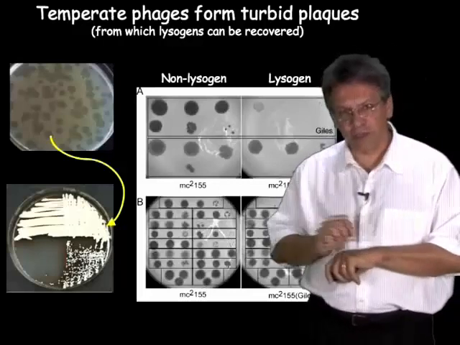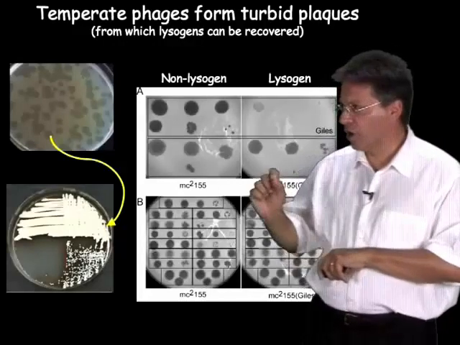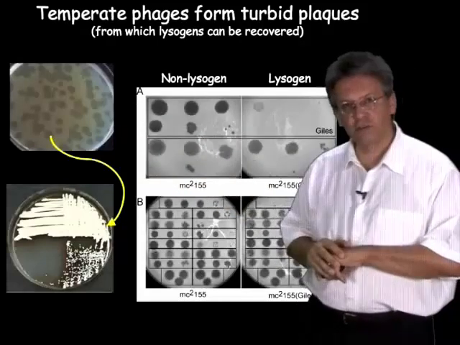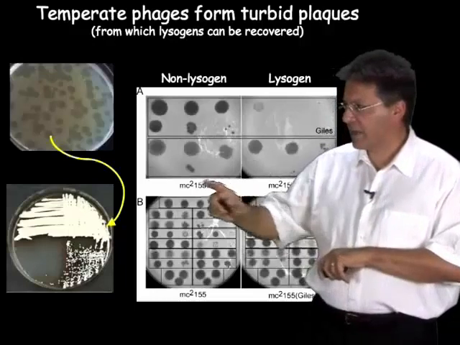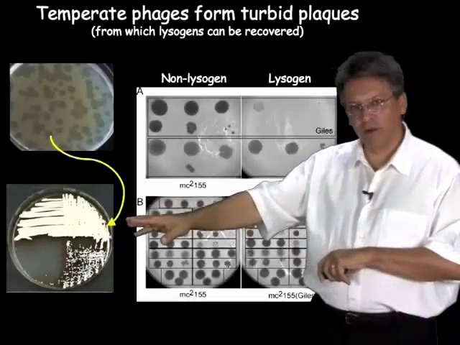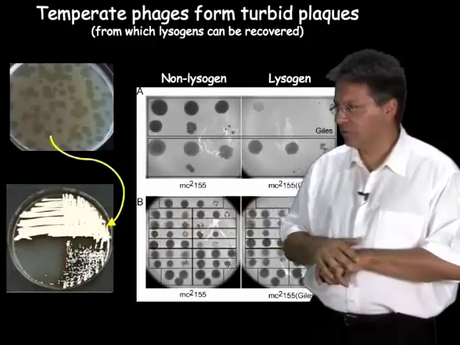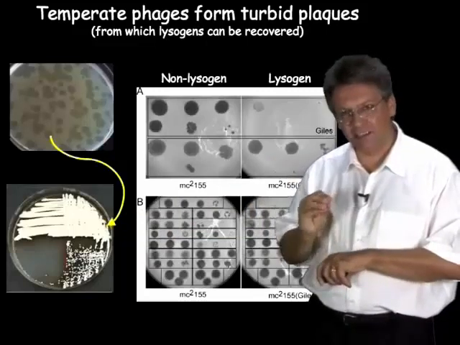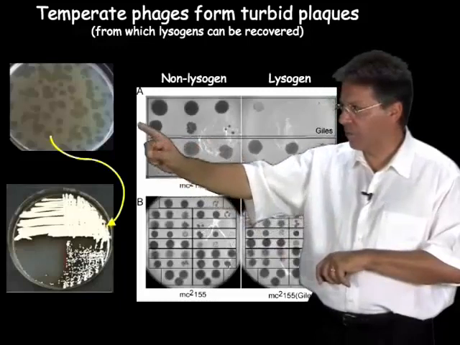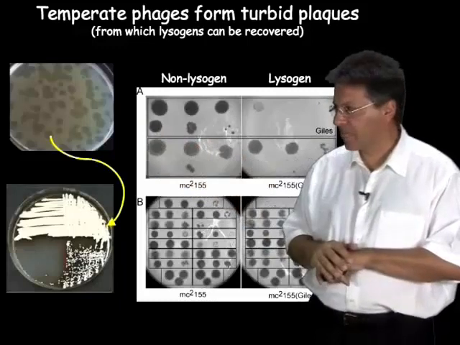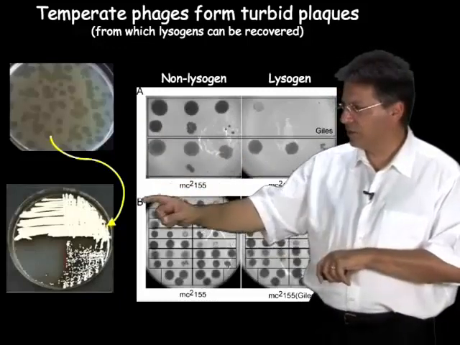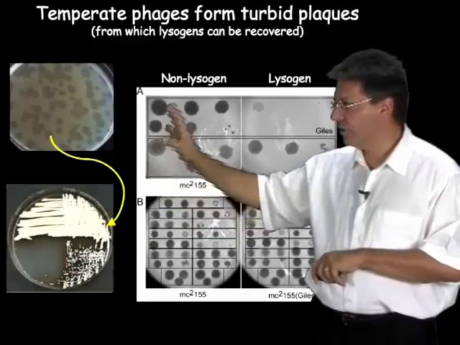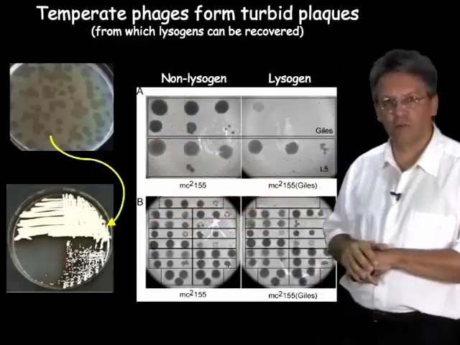Using either a toothpick or a wire, you can go and pick cells from the very center of one of those plaques, streak it out on an agar plate, as shown at the bottom left here, in order to generate single colonies, each grown up from a single cell that will have come from the turbid plaque. And then these individual colonies can in turn be tested for their immune phenotypes, as shown in the top right.